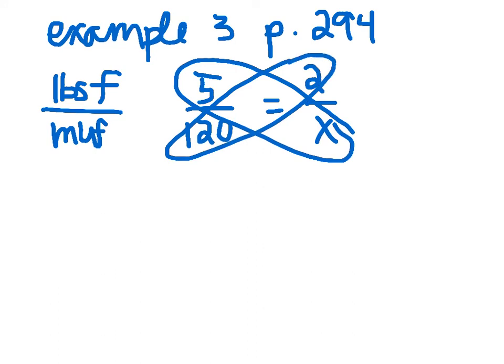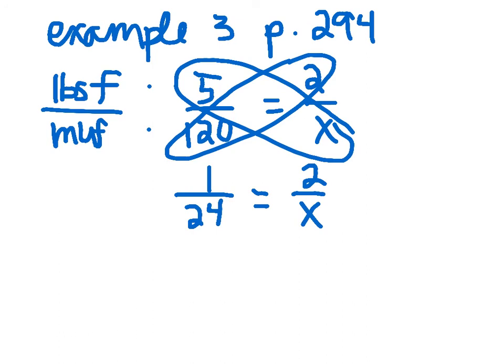I do want to point out, though, that we can also see that 5 goes into 120. And so if I wanted to, I could first do what I was just saying and simplify a fraction. We could call this 1 over 24 is equal to 2 over x.